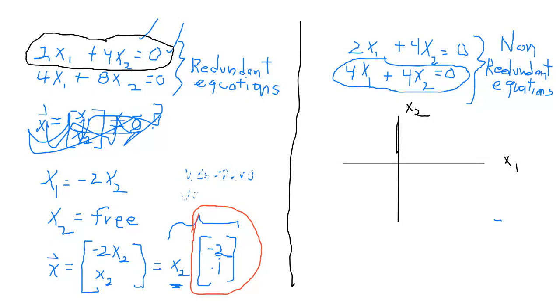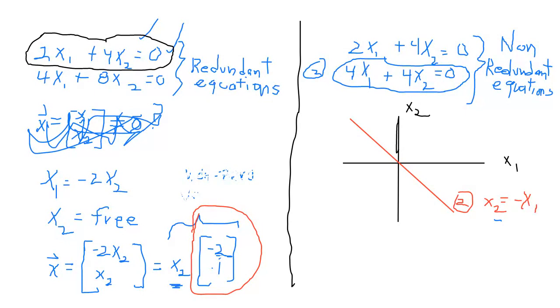So equation number 2 here can be written as x2 equals negative x1, and if we draw that, that's what the second equation is going to look like as a graph.